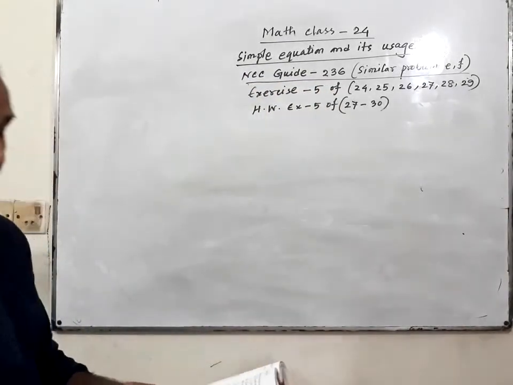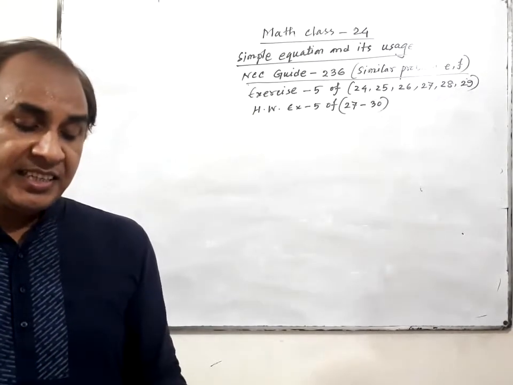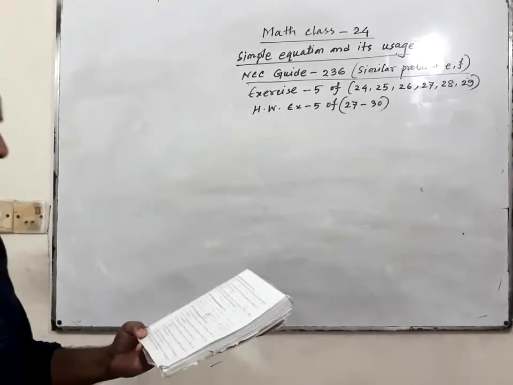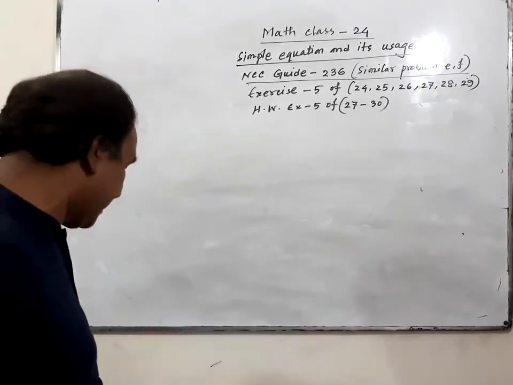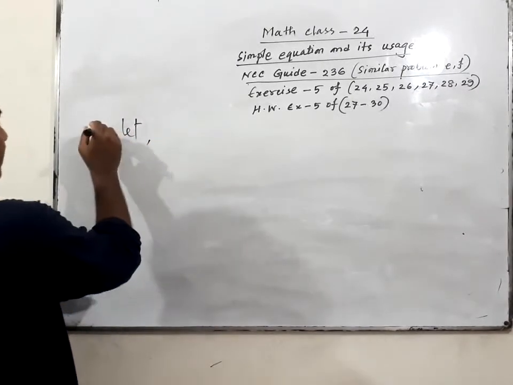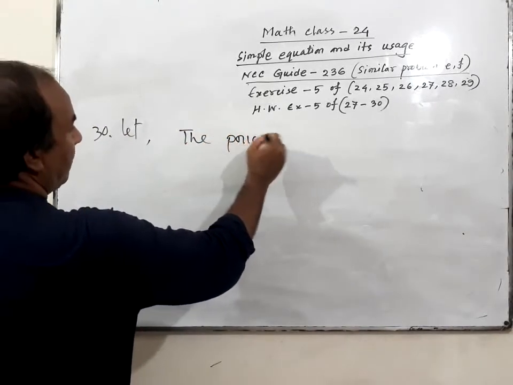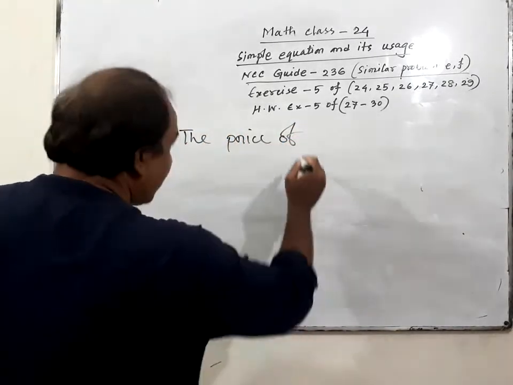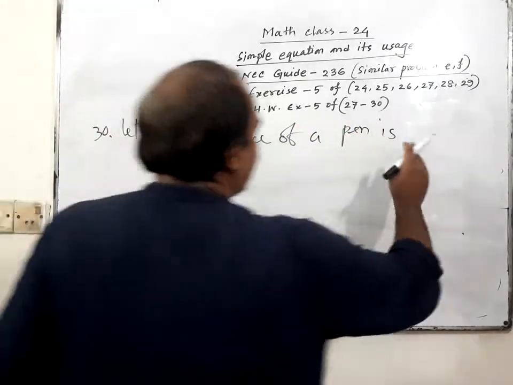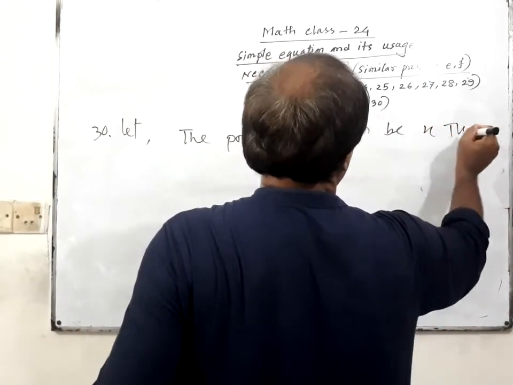And number 30. If the price of a pen is less than its specified price by 2 taka, the price would be 10. What is the price of the pen? Let the price of a pen be x taka.